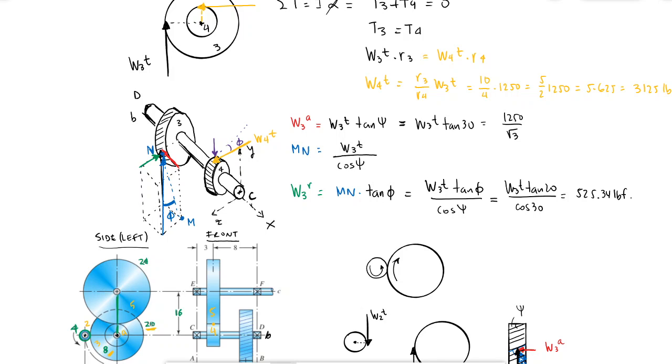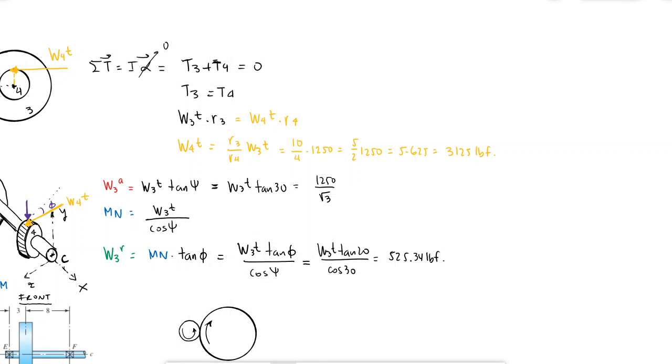Okay, so if I want to go to my opposite from my adjacent, which is the yellow one, from this I can also know that W4 radial is W4T times tangent of phi. Right? And that is equal to 11374 pounds force.